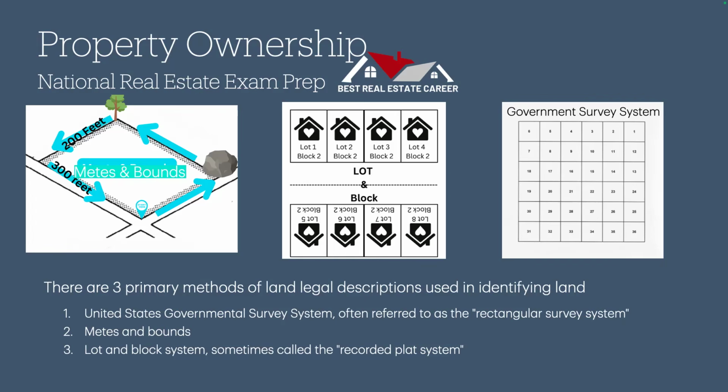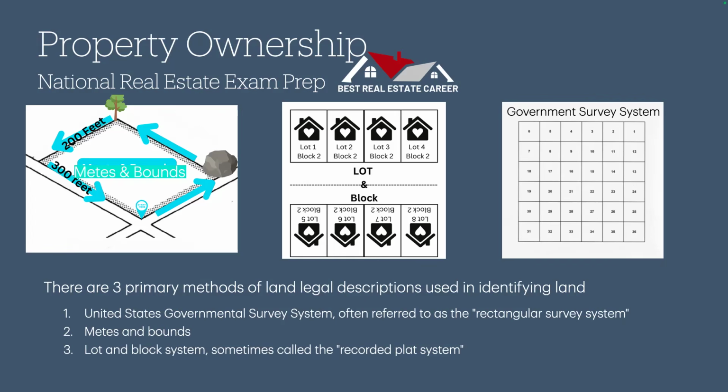As we go through, you have the United States Governmental Survey System, which could also be called the Rectangular Survey System. That's the photo on the far right, and that's truly what it looks like in a sense.